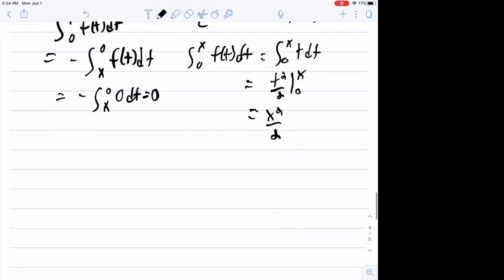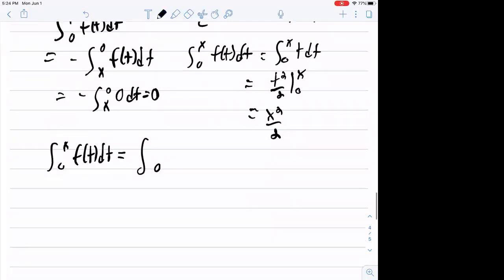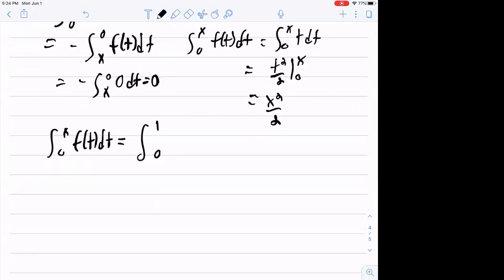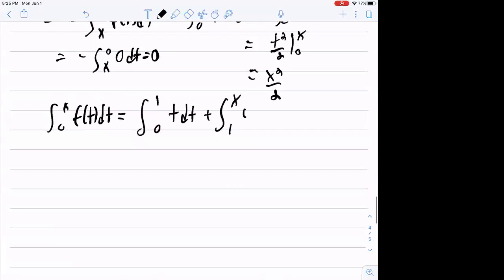So integral 0 to x of f of t dt. On one hand, it's t up to 1, t dt. And then from 1 to x, it's 4. So it's like this.